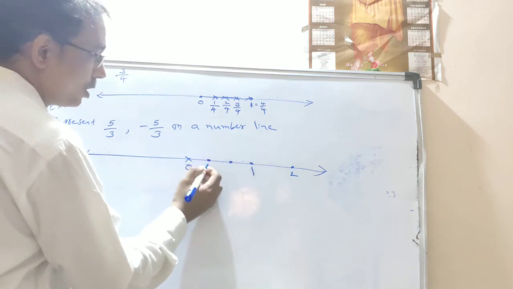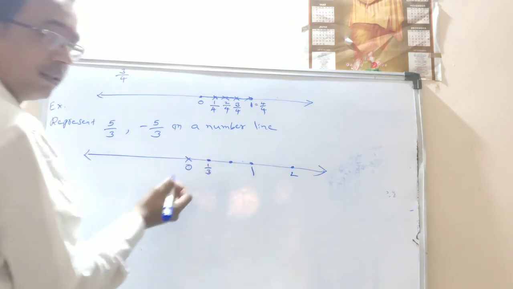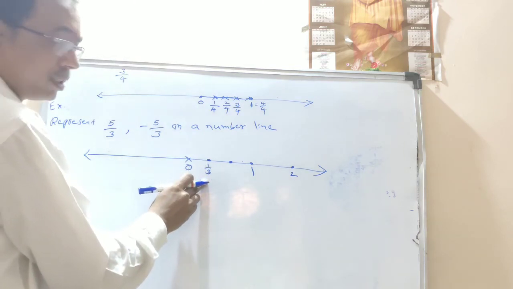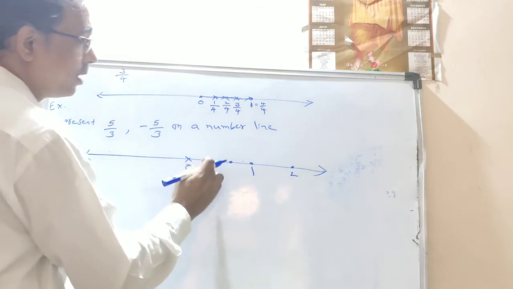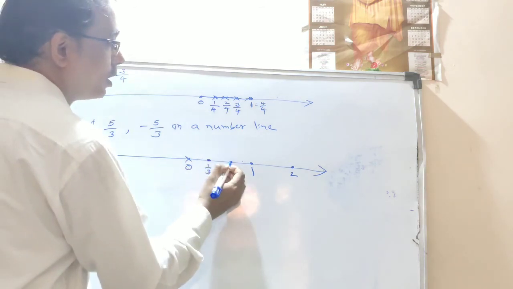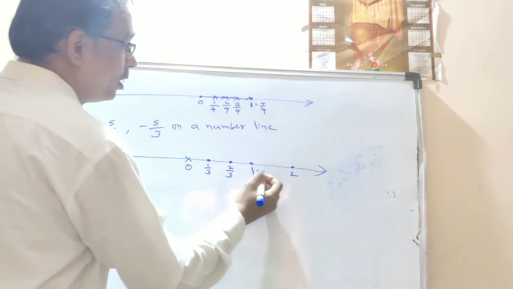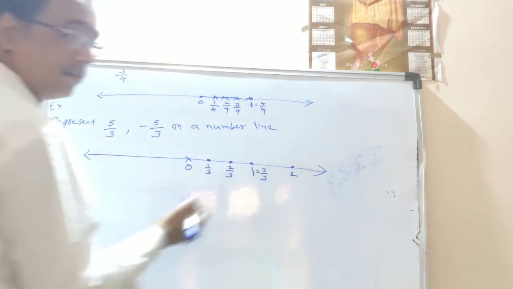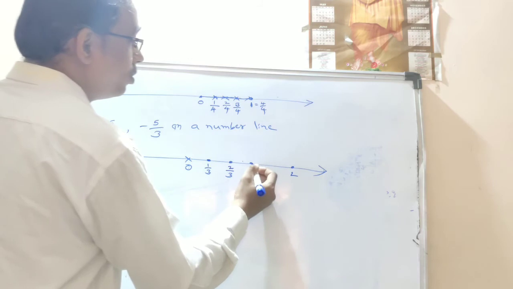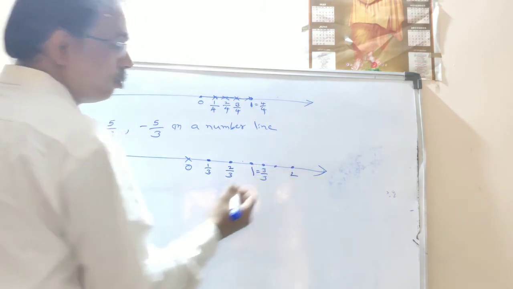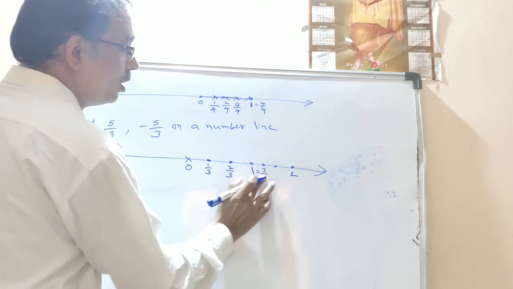Among them, the first one is 1/3. That is, 0 to the first point is 1/3. Next, 0 to this second point is 2/3, and that one can be written as 3/3. And again 0 to 2 we can write 2 more fractions.